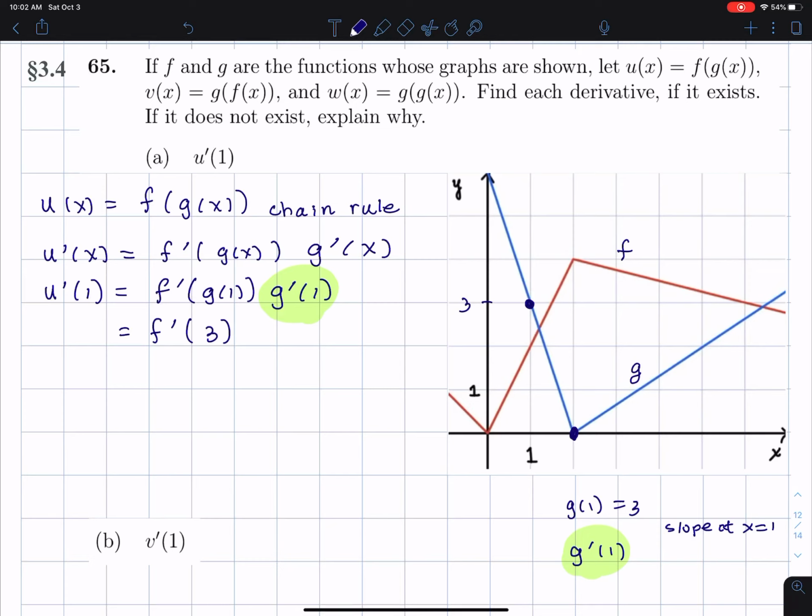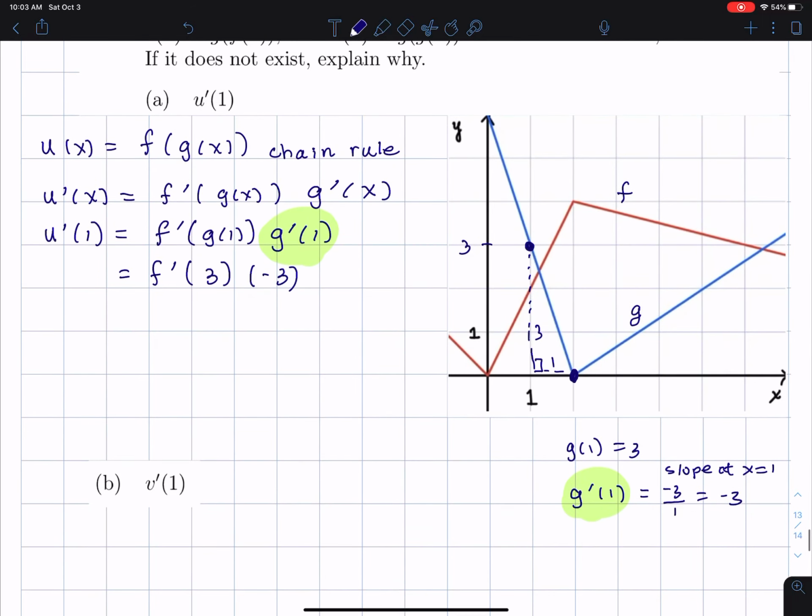And then I use the old rise over run, where I make a right triangle and I count, and I see that I'm going down by 3 and to the right by 1, so that makes a slope of negative 3, which is the derivative. The derivative is the slope of the tangent line, and since g is a straight line at 1, it'll be the slope of that line.